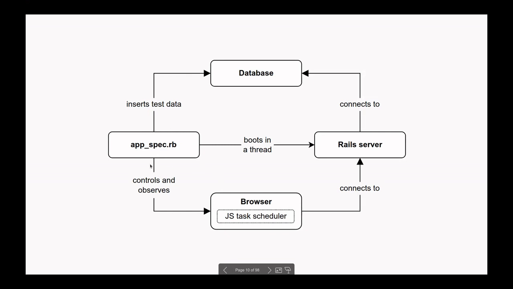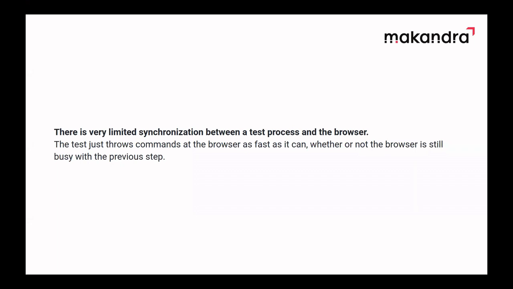Capybara also boots a copy of your Rails server, so the browser has a server to talk to. And there is little to no synchronization happening between these boxes. So basically, your test script just throws commands at the browser as fast as it can, and it does not care whether or not the browser is still busy with the previous step. And that's a huge source of flaky tests.